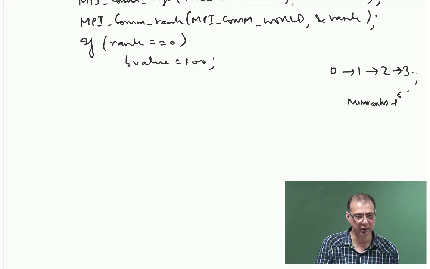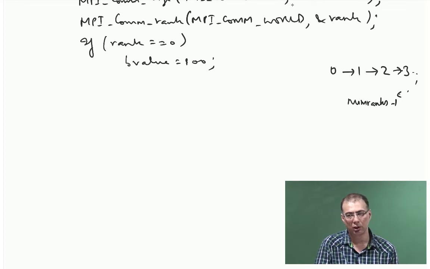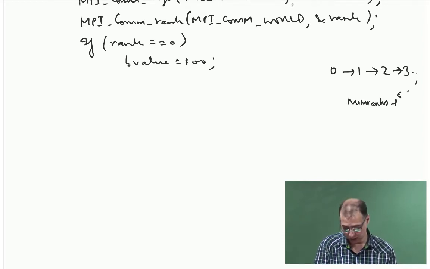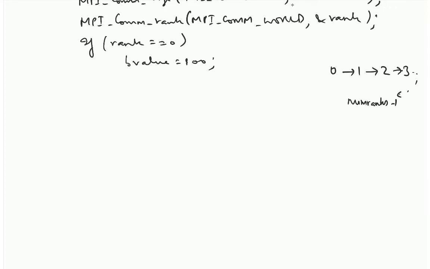Rank 0 has to just send the data to rank 1. What do all the ranks from 1 to num ranks minus 2 have to do? They all have to first receive the data. Once they receive the data, then they send it to the next rank. And what does num ranks minus 1 do? It simply receives the data and that's it. End of story, right?